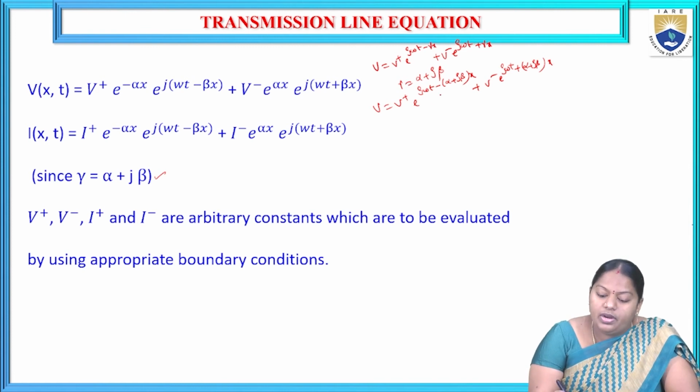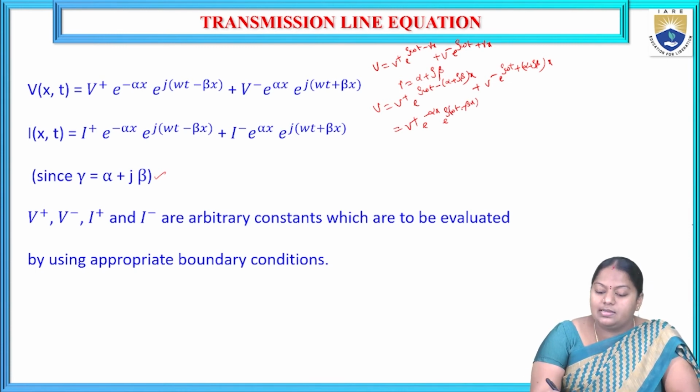If you write this equation separately, V plus e power minus alpha x into e power j into omega t minus beta x, plus V minus e power alpha x into e power j into omega t plus beta x, right?